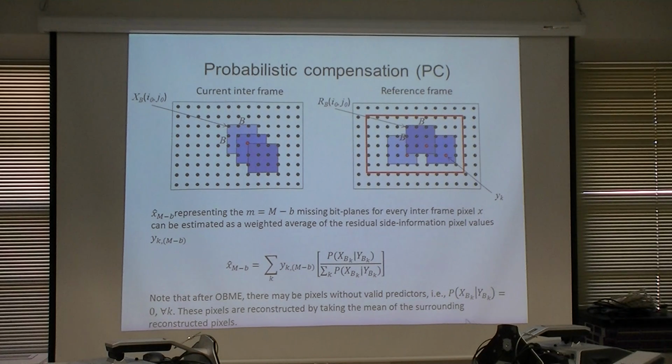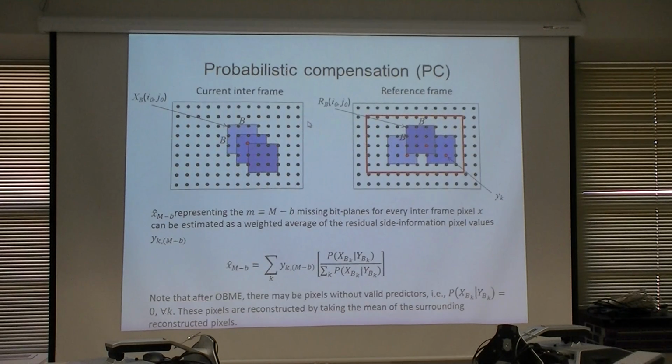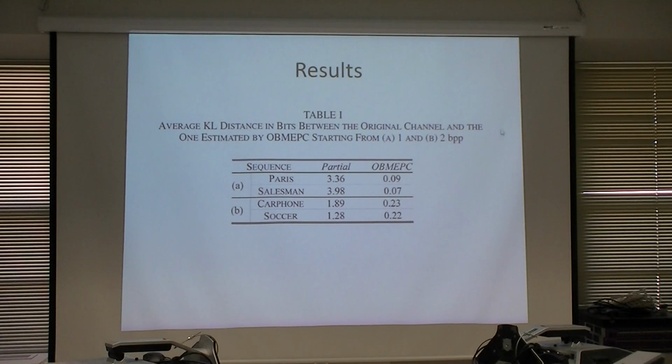The probability of XB given BK is calculated according to this equation. If XB is equal to YB, the pixel in the block, this function equals 1. If they are not equal, this function equals 0. So it can happen that the block doesn't have a match. So the result, first result.